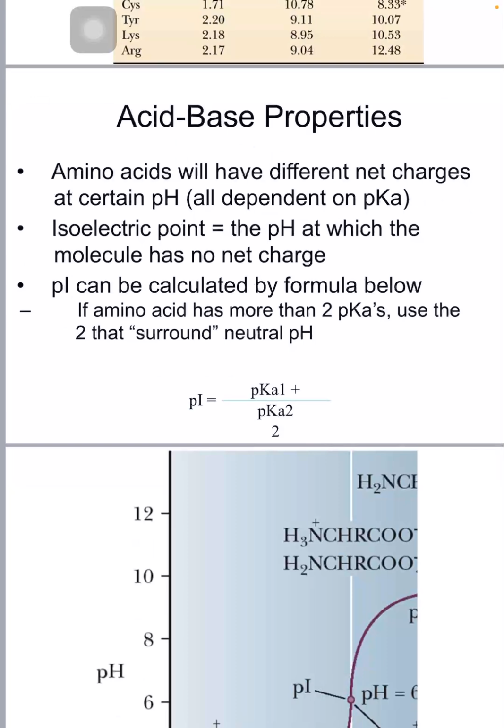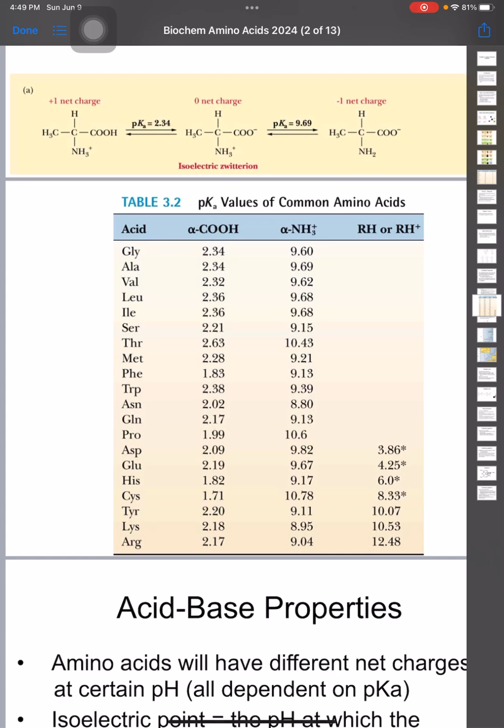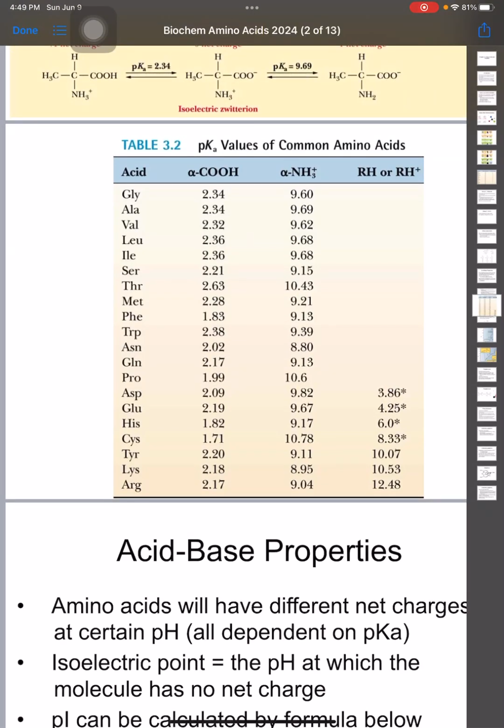If you have something that only has 2 pKa values, like glycine, all you got to do is add the 2 pKa's together and divide by 2, right? So to find the isoelectric point of glycine, it would just be 2.34 plus 9.60. Let's see, I'm going to try to do this in my head.